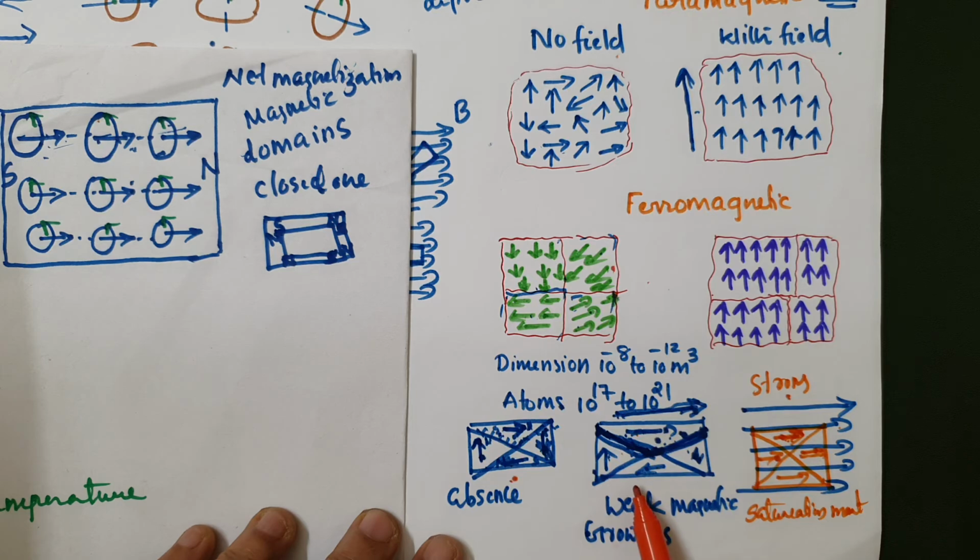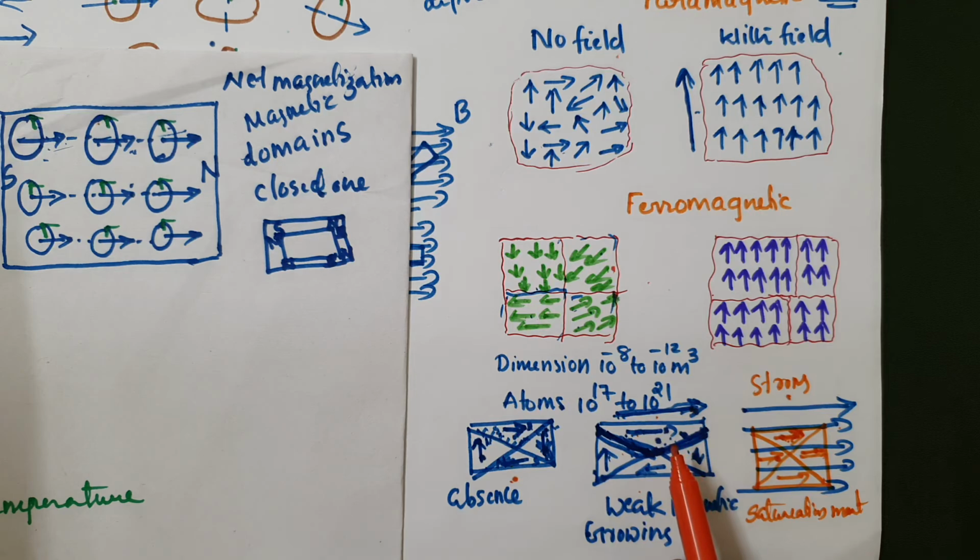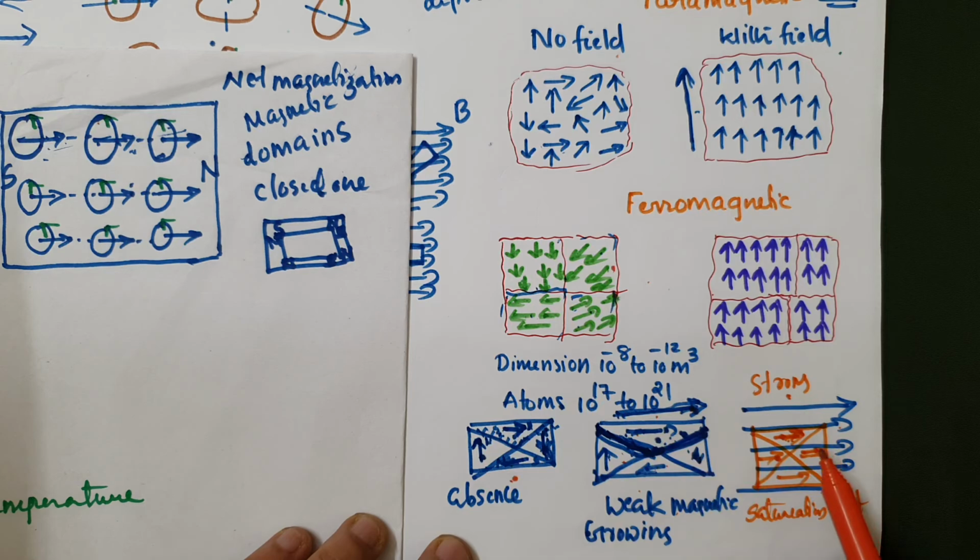And when a weak magnetic field is applied, the domains in the direction of the applied field grow at their boundary, and the remaining domains become smaller. And when the applied magnetic field is very strong, then all the domains align or orient parallel to the applied magnetic field.